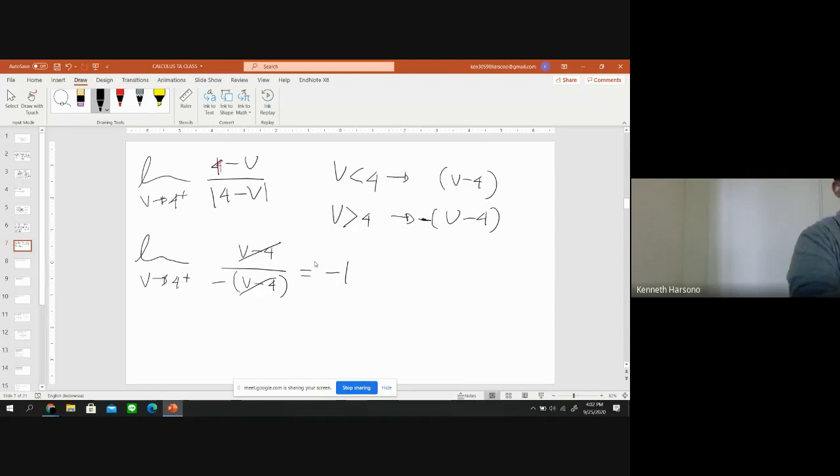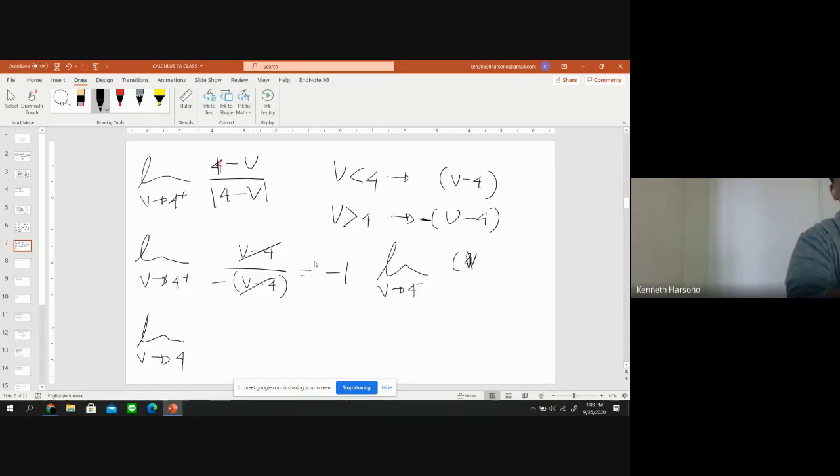So what if I ask about the limit as v approaches 4? What's the answer? We can answer this by checking the limit approaching 4 minus. So we get what?